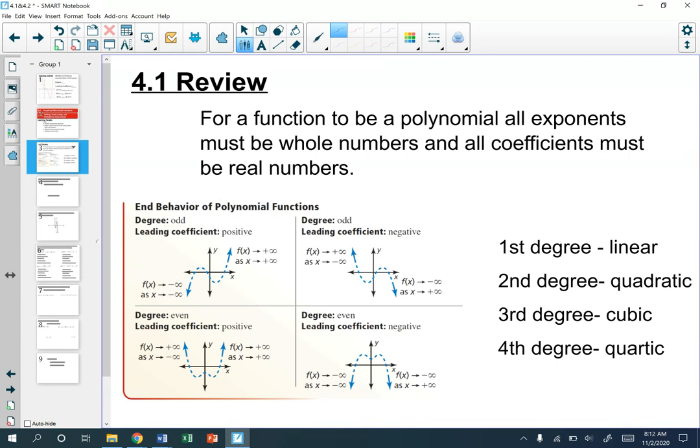For a function to be a polynomial, all exponents must be whole numbers and all coefficients must be real numbers. So remember, whole numbers are 0, 1, 2, 3, 4 to infinity, and real numbers can't be imaginary. And then this is a good reminder here: first degree polynomials are linear, second degree quadratic, third degree cubic, and fourth degree are quartic.